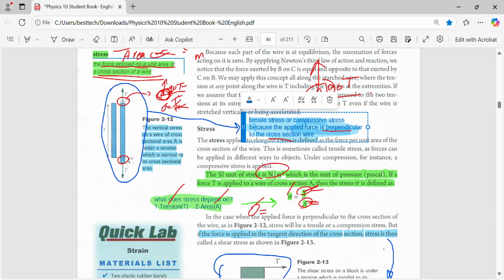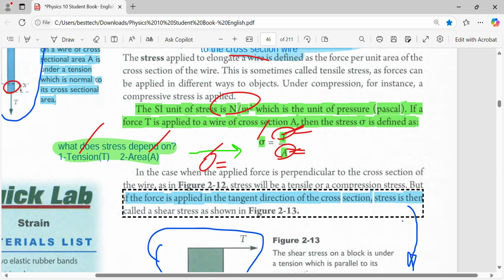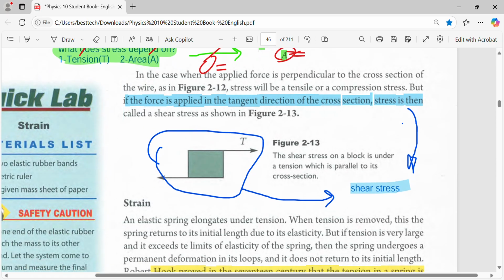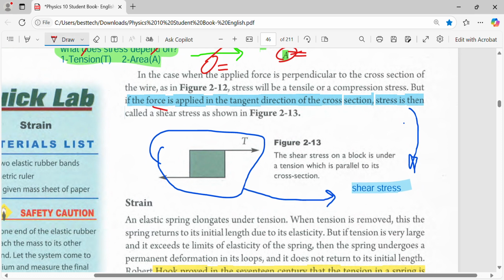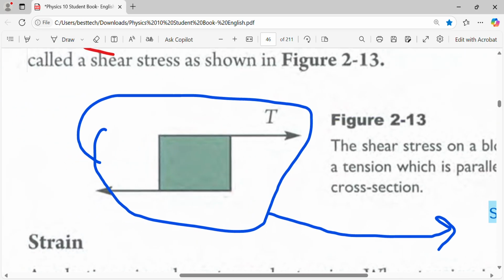We have another type, called shear stress. In that one, the applied force is tangent to the cross-section area, not perpendicular. How do we know? Look, guys, we have this object. I'm going to apply the force on the edge of the surface here. I'm going to apply it in this direction or that direction, it's not important. Imagine I apply the force in that direction.